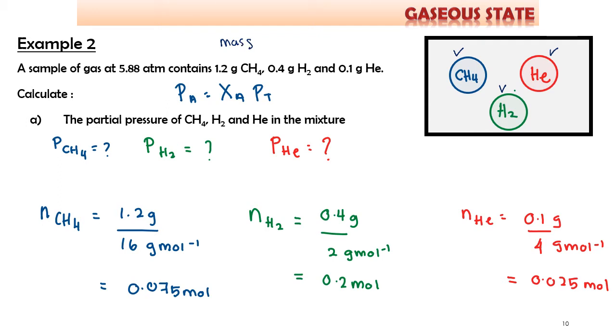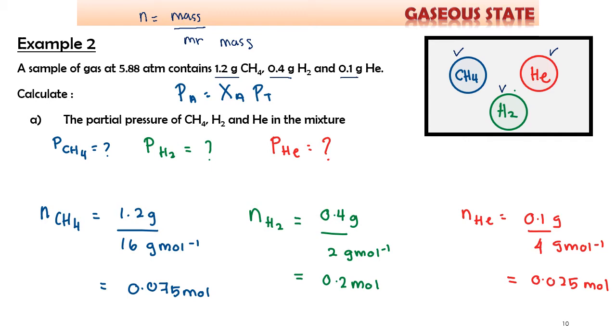from mass you can find mole. So mole is equals to mass over molar mass. Okay, because you are given with mass of each gases here. Alright.